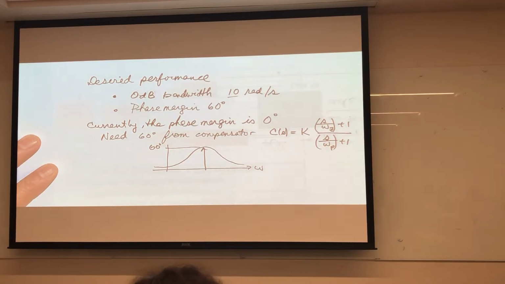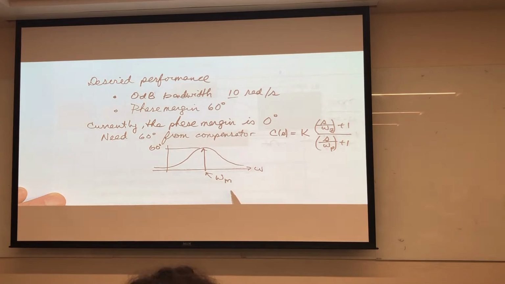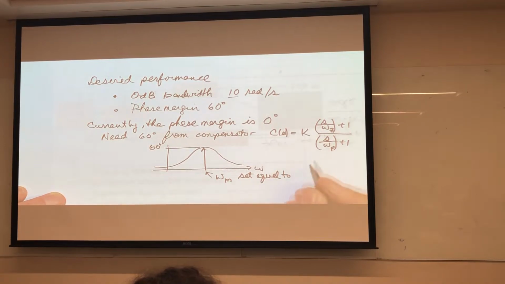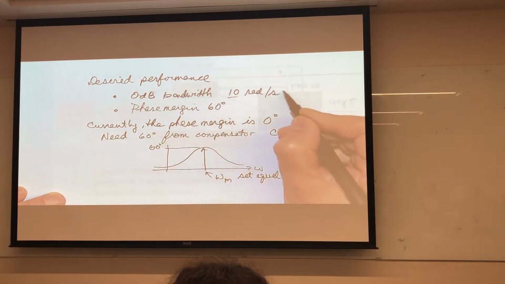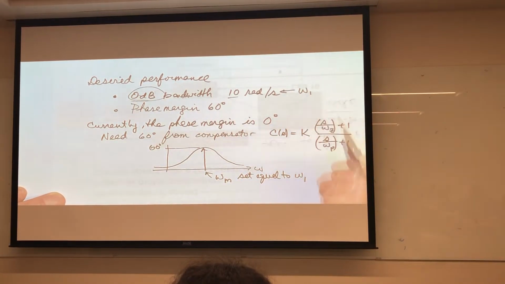I'm calling this omega 1, or omega m, which is where the phase is maximum. I'm going to set it equal to the desired gain crossover, the 0 dB bandwidth, this is omega 1.